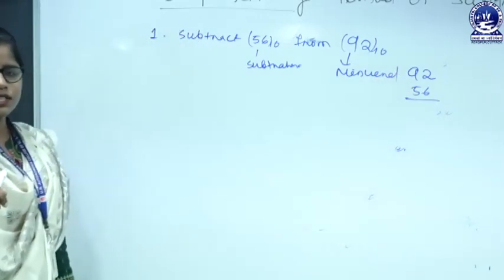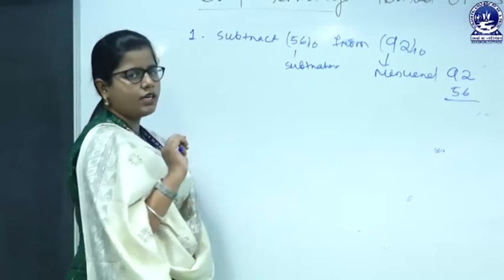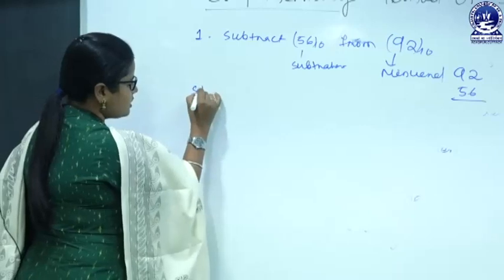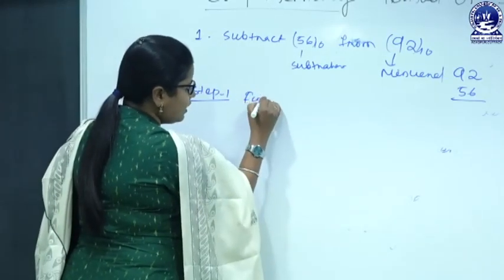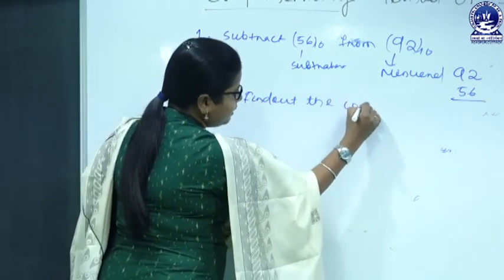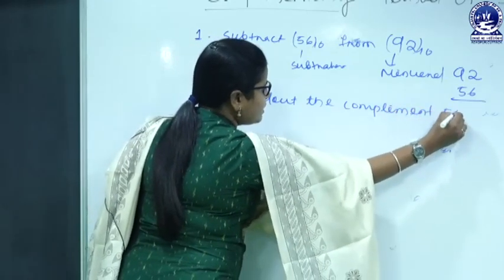So what is the first step? The first step is to find out the complement of the subtrahend. The subtrahend here is 56. So in step 1, we need to find out the complement of 56.